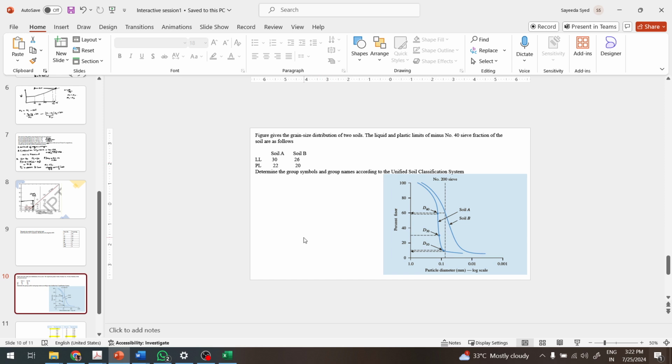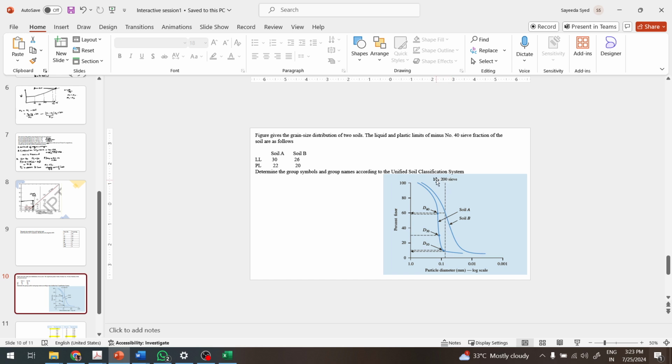So this figure gives us the grain size distribution of two soils. The liquid and plastic limits of the minus 40 fraction are given. Determine the group symbol and group names according to the IS system here.